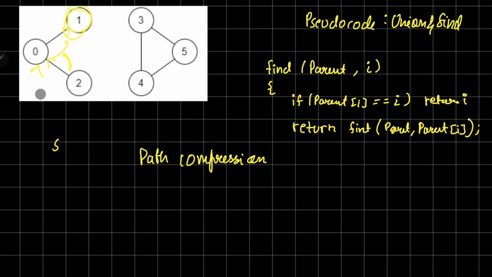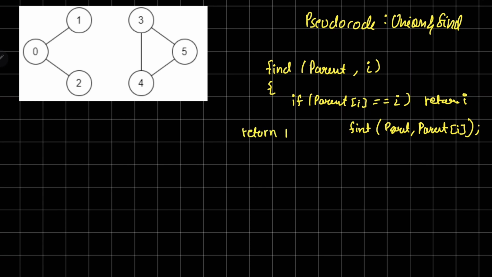Making path compression here is really easy. You just need to add this here. We will return parent of I is equal to find, and whatever find returns will be saved to parent of I. So next time when we need to find the parent of I, it will be like parent of 2 is equal to 1.